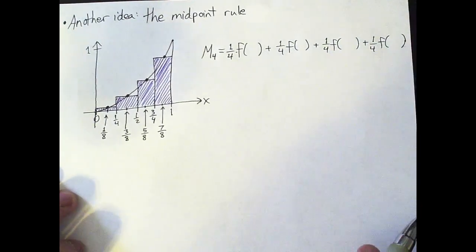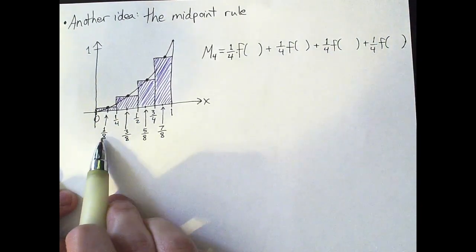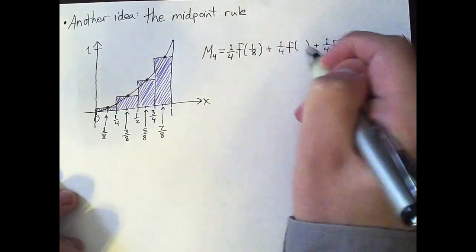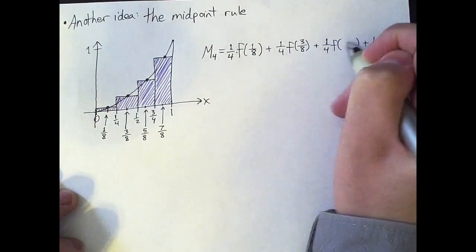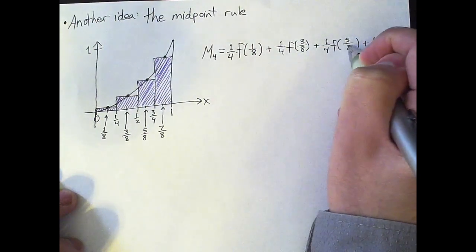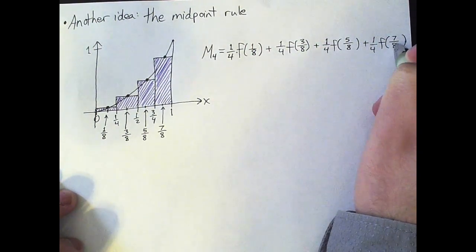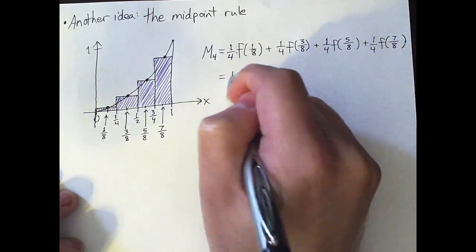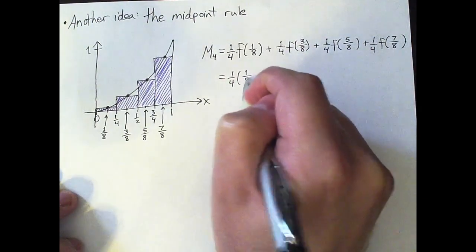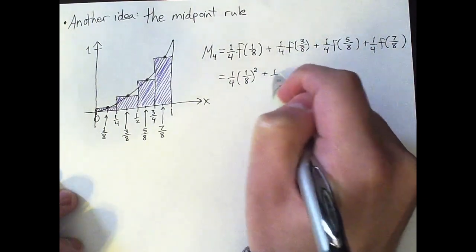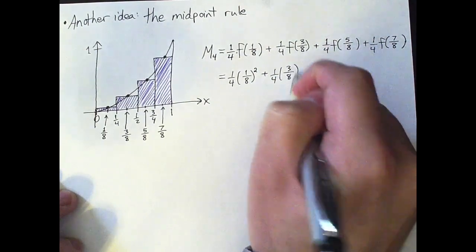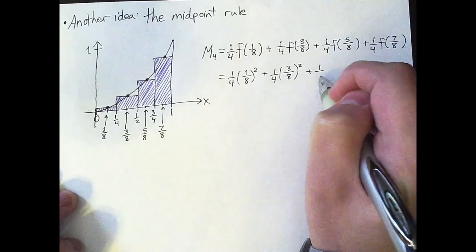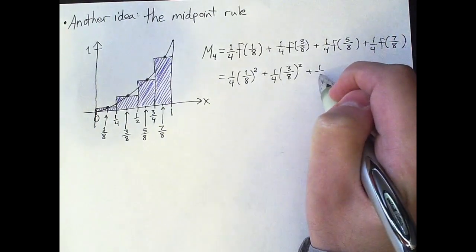And the height of each of these 4 rectangles is going to be f of 1/8, f of 3/8, and so on. So you see, all of these methods that we've been doing, they all look similar, but they get us different answers. And we could do this by hand. You know, we could square each of these. What are we going to get? A denominator of 64.